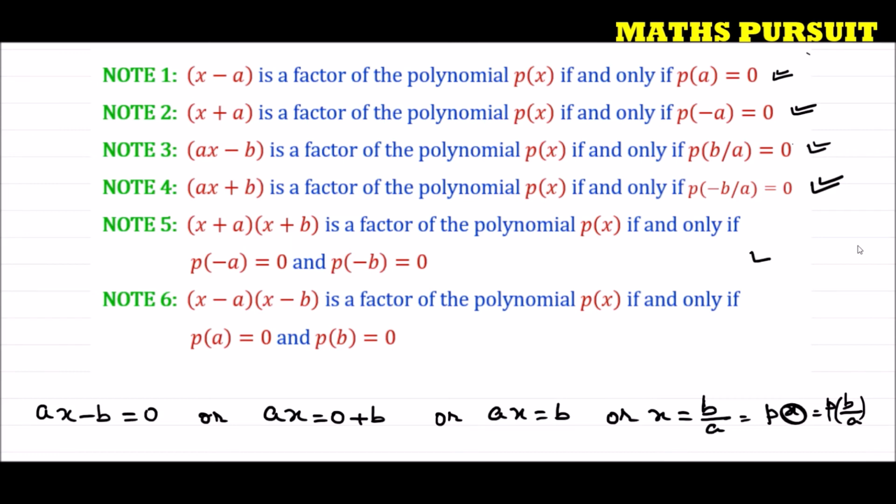Coming to note 5, x plus a into x plus b is a factor of the polynomial P(x) if and only if P(minus a) is equal to 0 and P(minus b) is equal to 0. If both conditions are satisfied, then only x plus a into x plus b is a factor of the given polynomial. Similarly, x minus a into x minus b is a factor of the polynomial P(x) if and only if P(a) is equal to 0 and P(b) is equal to 0.